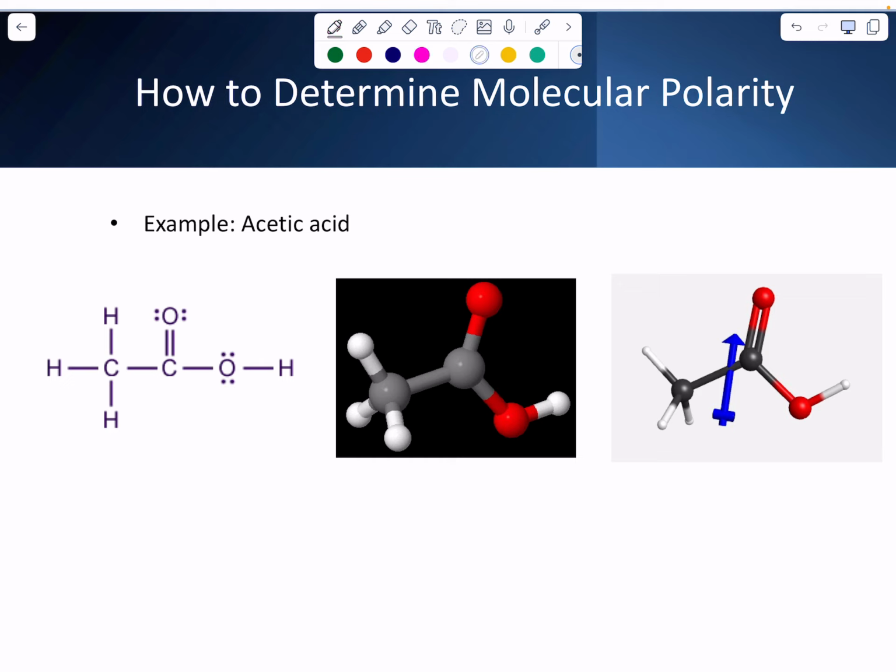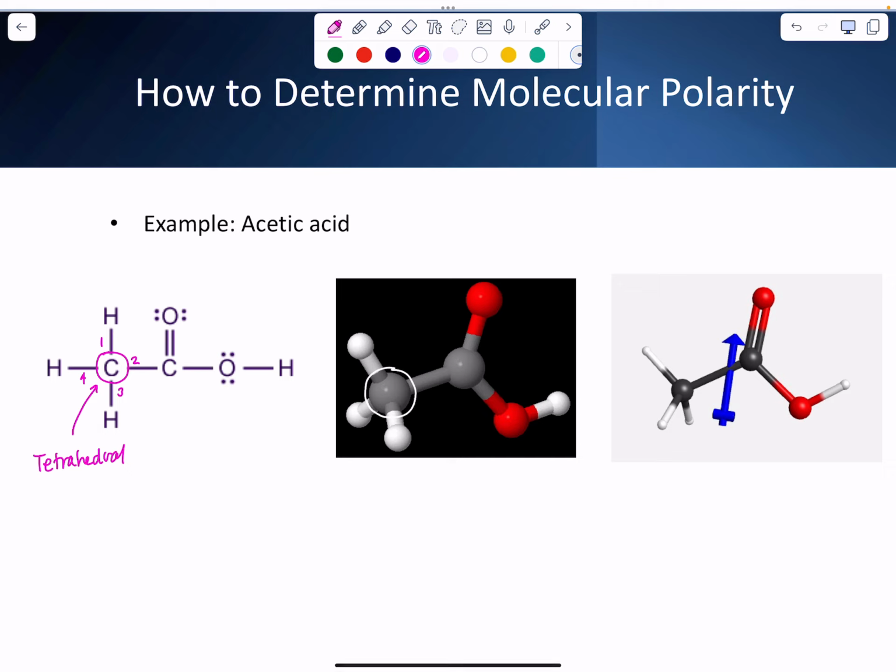Let's look at the carbon that's surrounded by hydrogens. We could figure out what the geometry is around that particular carbon atom. What do we have? We've got a carbon attached to 1, 2, 3, 4 things, no lone pairs. So our geometry around that is going to be tetrahedral.